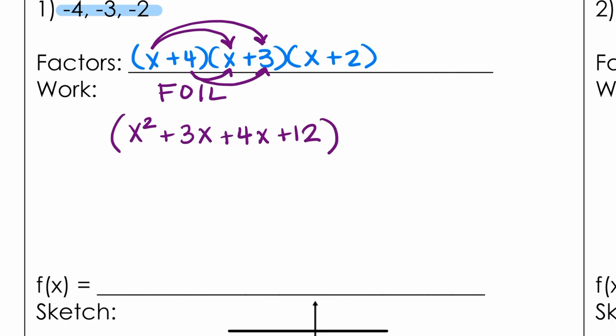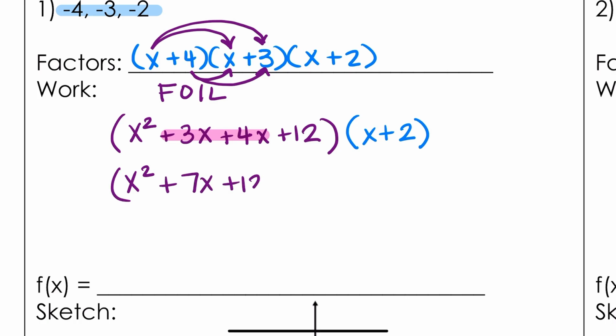And we are going to be multiplying that with x plus 2. Before we multiply that with x plus 2, I see that we have some like terms here, so we need to simplify that. We'll have x squared plus 7x plus 12, and multiply that with x plus 2.